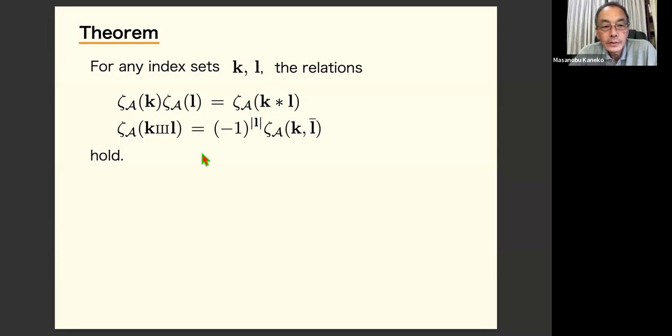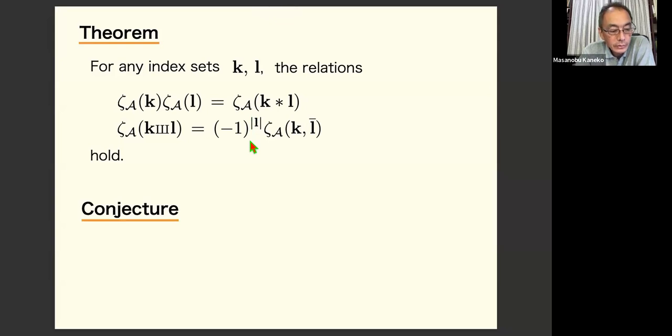But we do not have a shuffle version of the product; instead, the left-hand side is a linear combination of formal indices of K shuffle L, which is equal to a single finite MZV, Z of K concatenated with L-bar. Here L-bar is the reversal of L, and this absolute value sign is the weight of L.